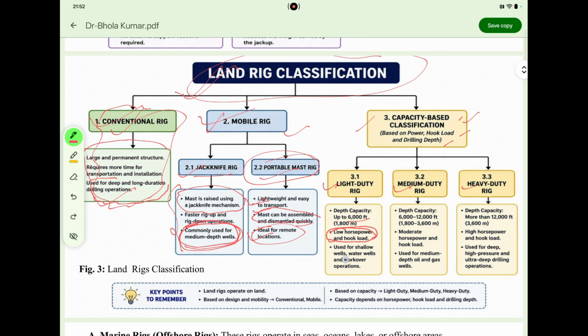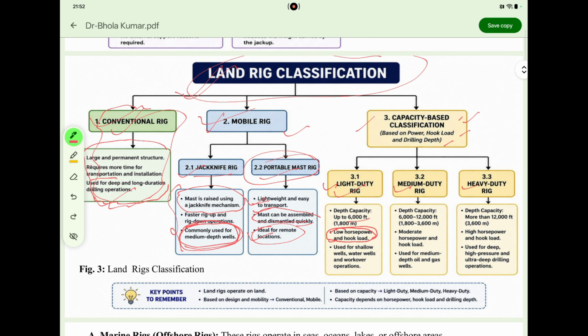It is used for shallow wells, water wells, and workover rigs. So maybe the question will ask what type of rig is used for a workover rig? In that case, based on the capacity, you can tick the light duty rig.